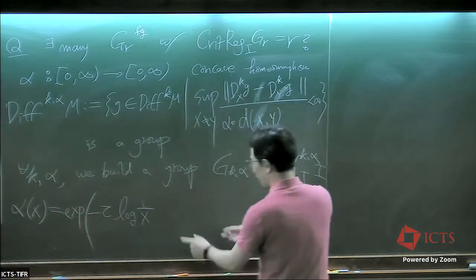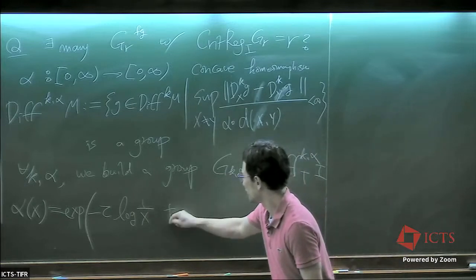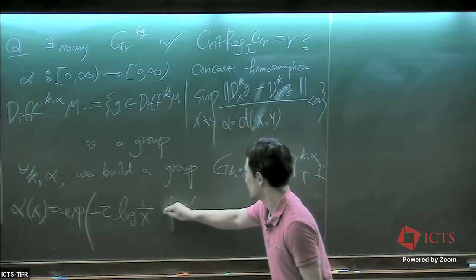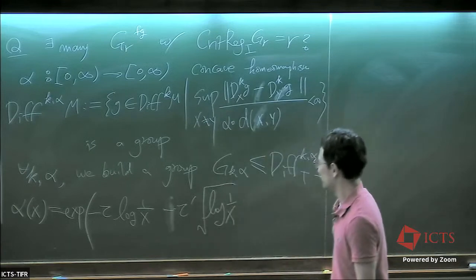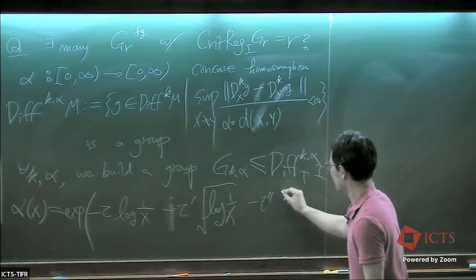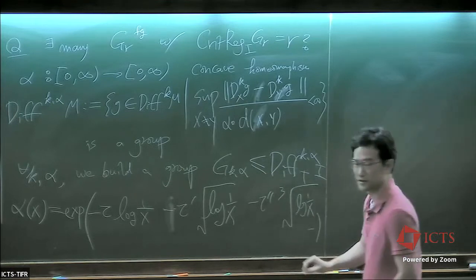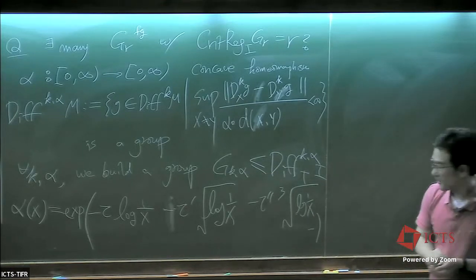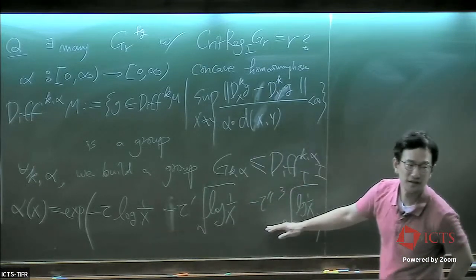And then you add some terms of smaller order: tau prime of, say, the square root of 1 over log x, and tau 2 prime of, say, the cube root of 1 over log x, and so forth. Then these are very slight perturbations of tau Hölder continuous.